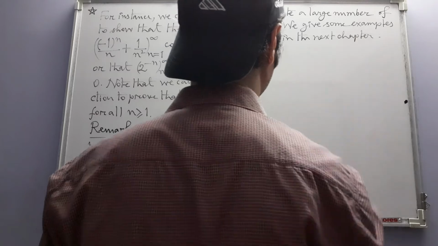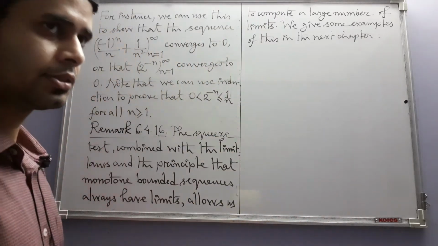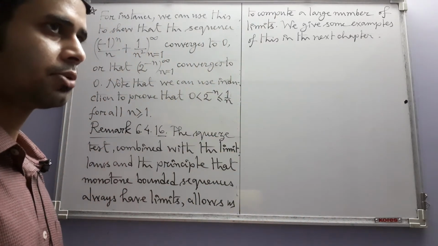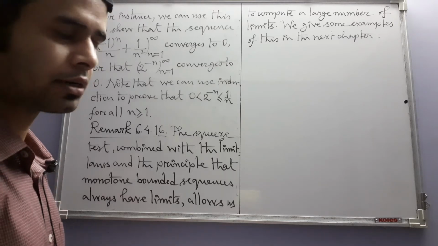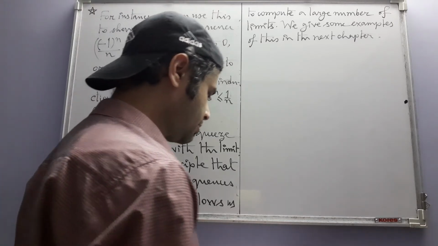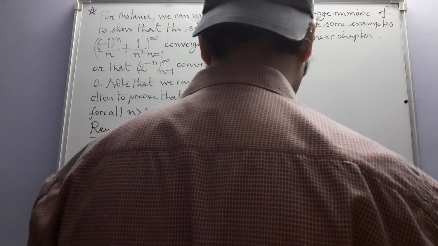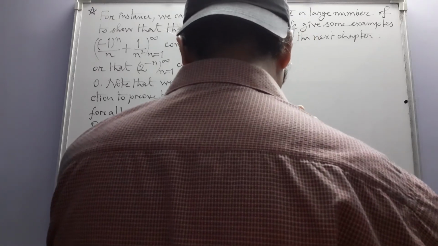In the very next section after this, that is 6.5, is about some standard limits. So there also we will see some particular sequences and their limits.